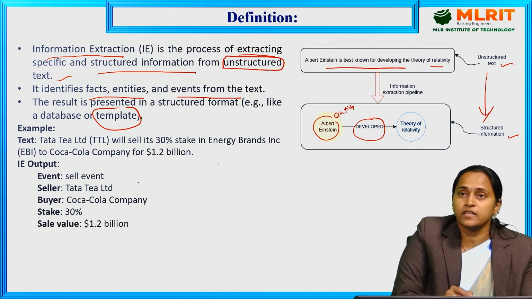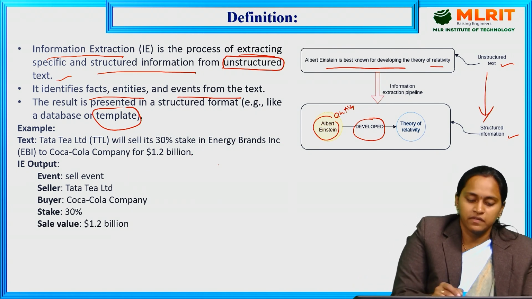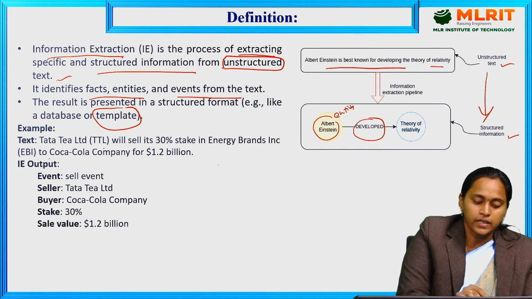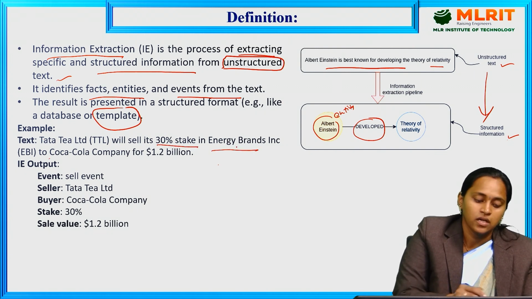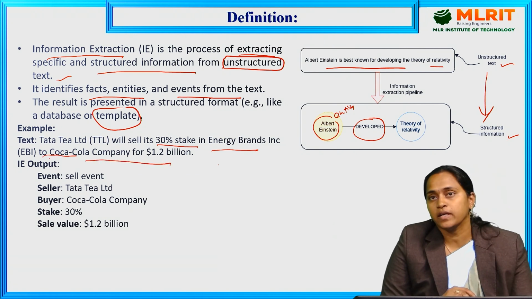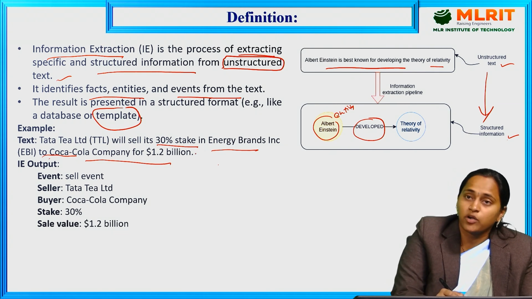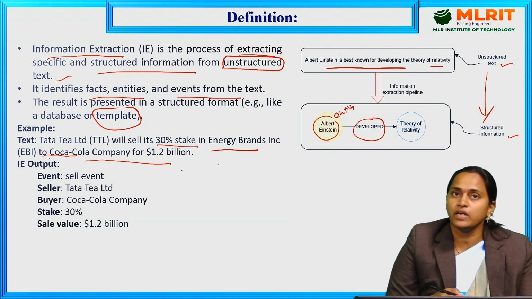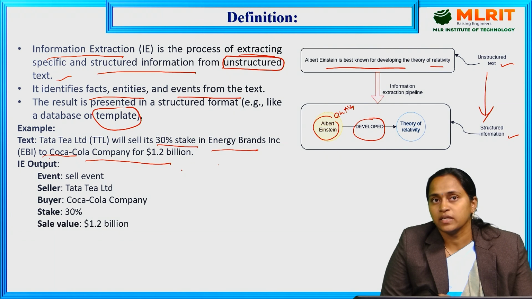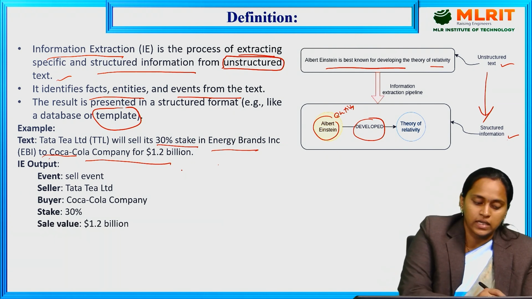Let's see another example. Here we are taking one paragraph. Tata Tea, that means TTL, will sell its 30% stake in Energy Brands Incorporation to Coca-Cola Company for 1.2 billion. From a paragraph like this we can extract information; we do not get related documents, only the extracted information.